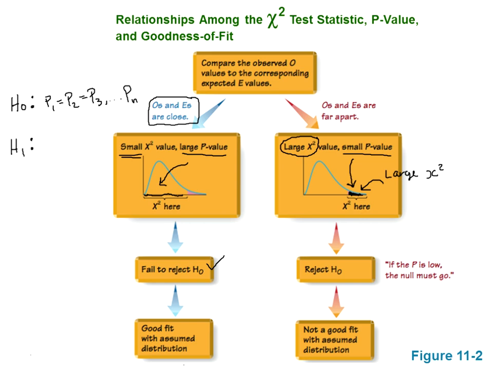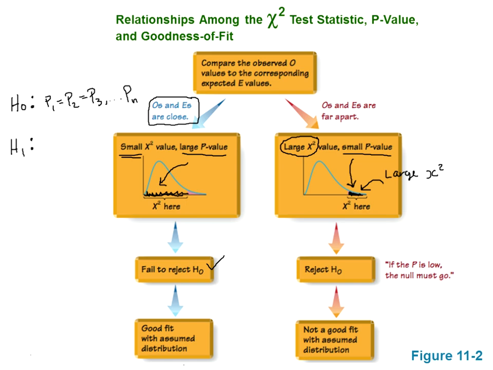It fits our claim distribution. So if our O's and our E's are close, we're going to get a small chi-squared value, which in turn gives us a large p-value because this area is much larger. And when we have a large p-value, we fail to reject the null hypothesis.